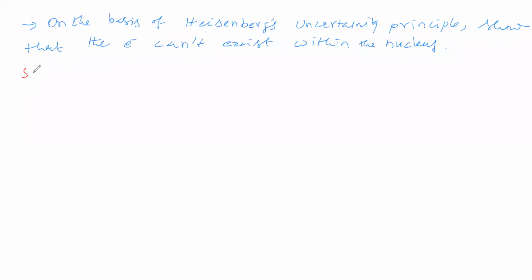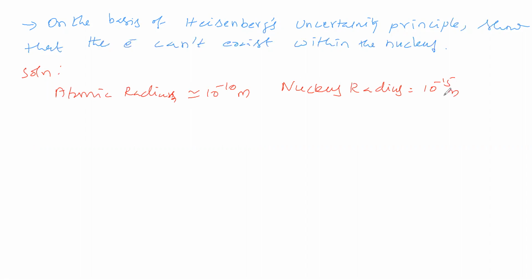Now we will consider atomic radius. Atomic radius is roughly 10 to the power of minus 10 meter. Nucleus radius is roughly 10 power minus 15 meter.